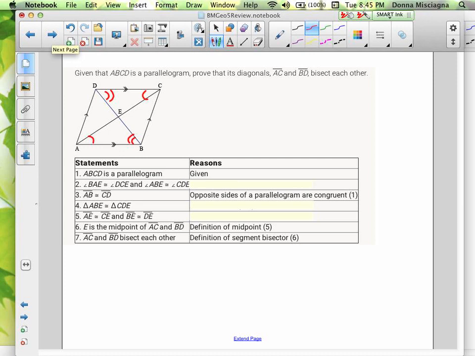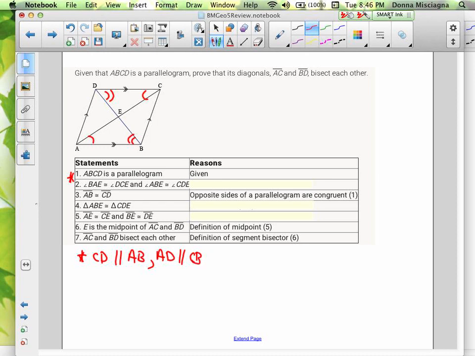The statement that I feel should be said before we make that statement is the fact that our sides are parallel. So yes, it's a parallelogram, but I'm going to put a little asterisk here. It should have been said that CD is parallel to AB, and AD is parallel to CB.